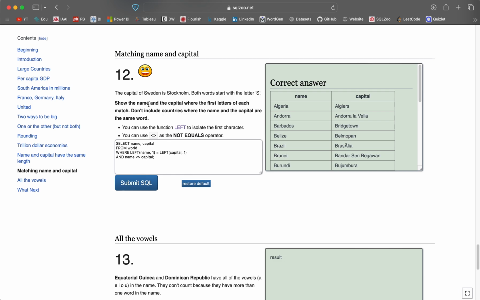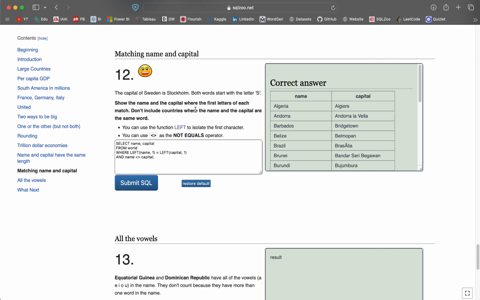If you look at the question, it's asking us to show the name and capital. So select name and capital from world where left name, comma 1. The left function pretty much isolates the first character, and the first character in the word is number 1, like 1, 2, 3.